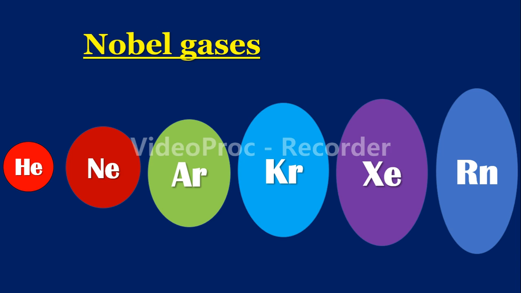You can see that when we move from top to bottom, the size slowly increases. Due to the increase in size, the valence electrons are away from the inner nucleus. So the hold of the nucleus on the valence electrons decreases, and the ionization energy is too low. So they become unstable, meaning the heavy gases xenon and krypton. So they gain electrons again.